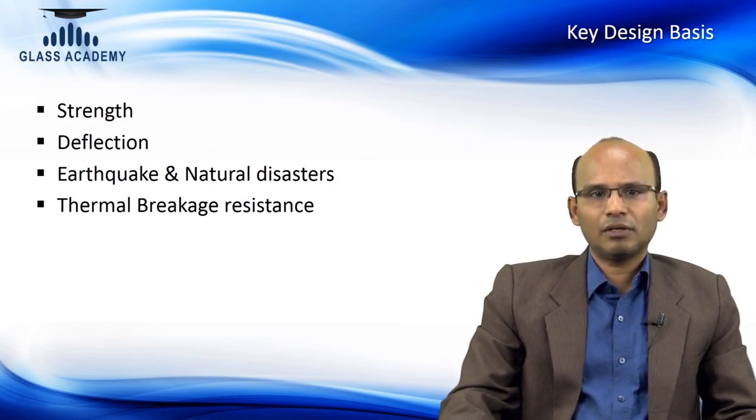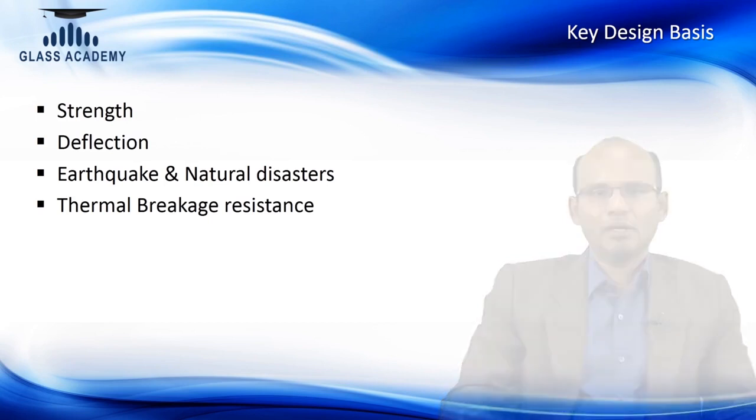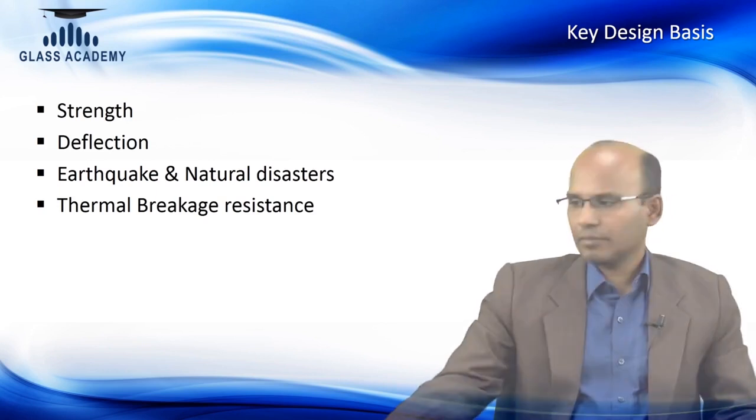This is more critical for a large building, tall building, a slender building, using curtain wall glazing where the glazing is spreading across the building, where building movement is more critical.